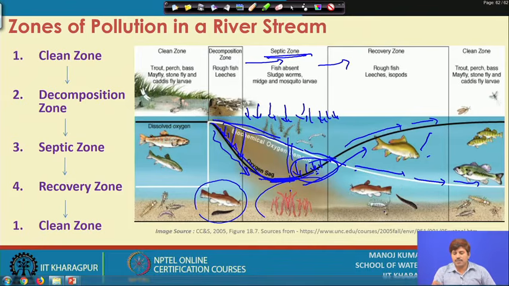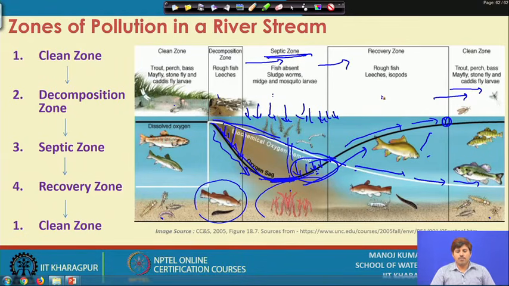Those kinds of things start coming in, and by the end of the recovery zone, when it almost attains the original or near-saturation dissolved oxygen level, the river enters the clean zone again, and the conditions there prevail. So, these are the four major zones: clean zone, decomposition zone, septic zone and recovery zone.